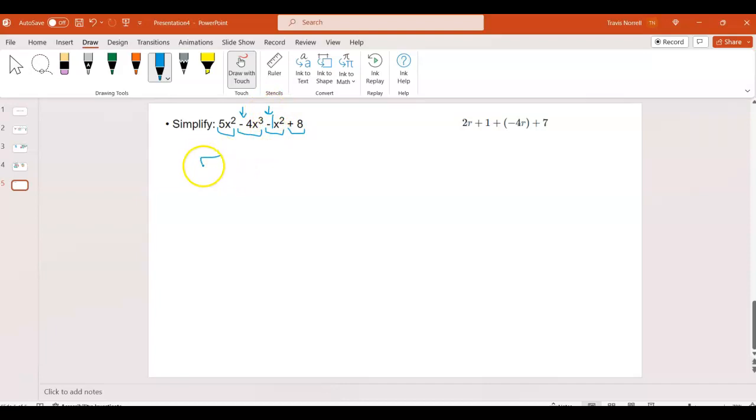So let's do 5x squared plus negative 4x cubed plus negative 1x squared. Remember, if there's not a coefficient, there's an assumed 1, plus 8. Everything's changed to addition, so you'll have less confusion.